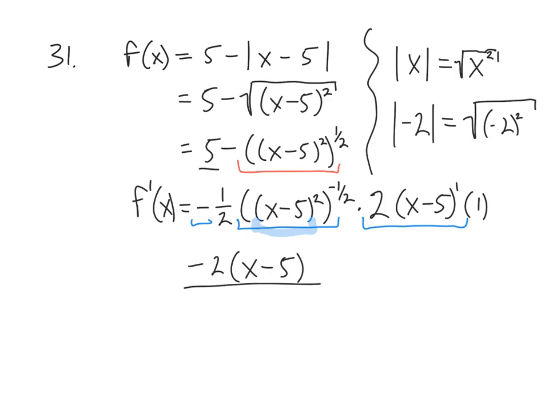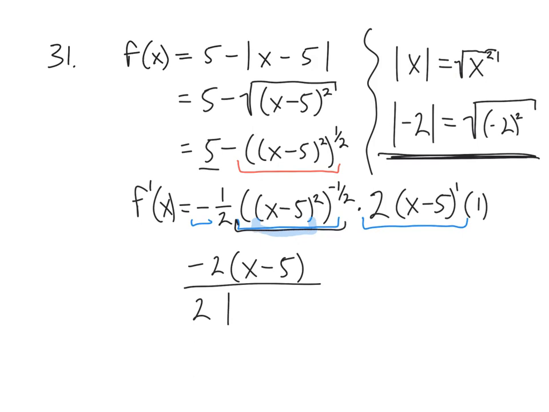over, we're going to have a 2 in the bottom from that 1/2, and I'm going to write this, since I know that raising to the second power and then taking the square root is the same as the absolute value, I'm going to rewrite this piece back as an absolute value.